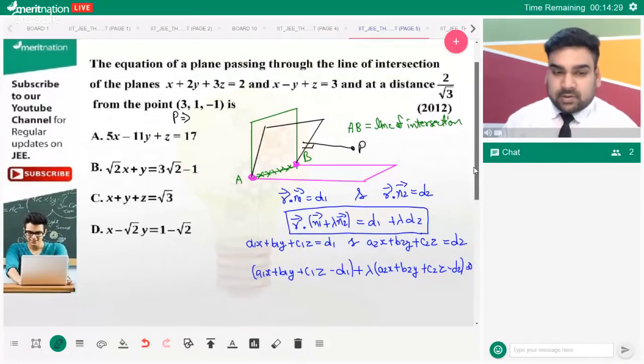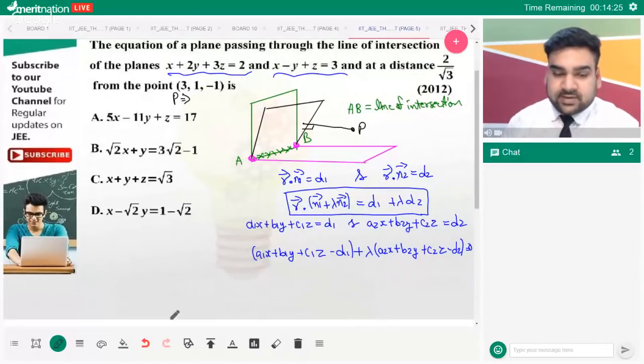All we have to do is plug in these two planes into this equation.